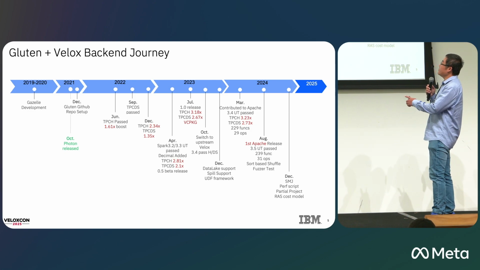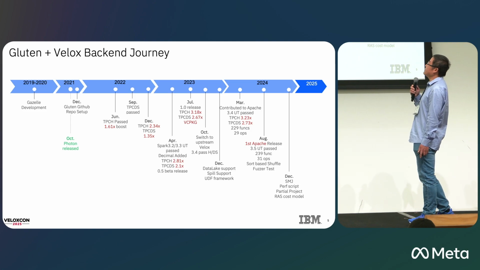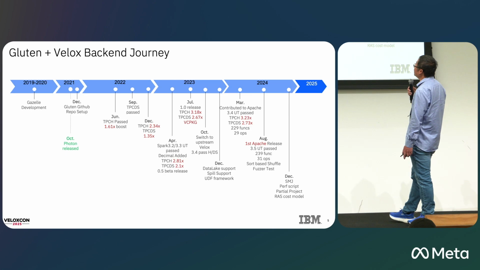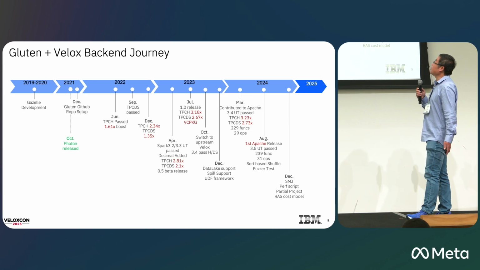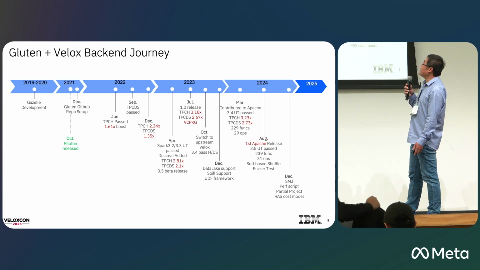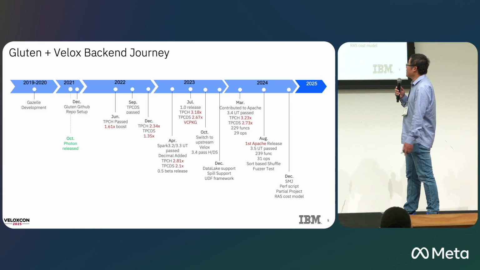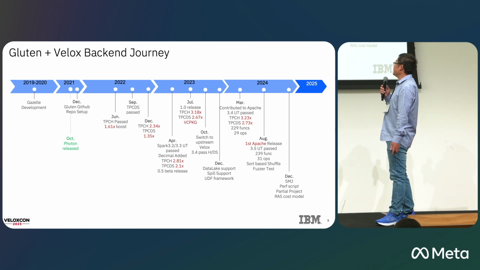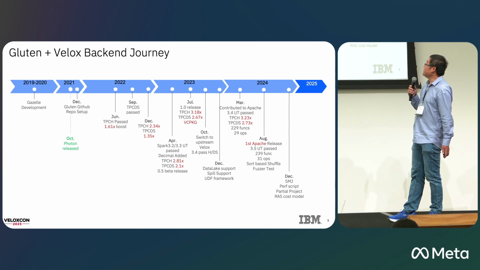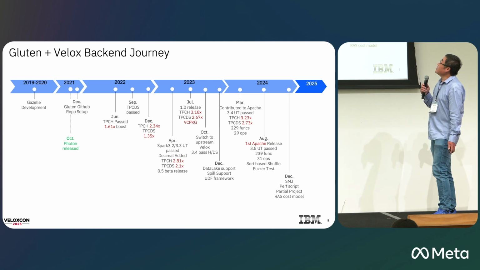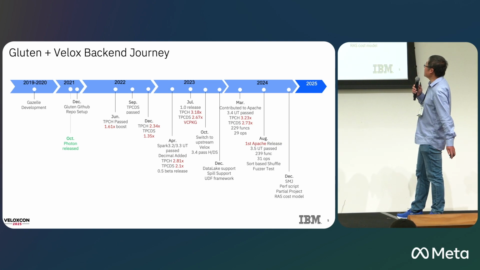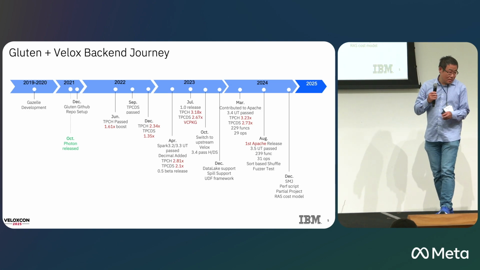Then we focused on the performance improvement of TPC-H and TPC-DS, from 2.3x and 1.3x up to three times and more than two times on TPC-DS. Meanwhile, we added some more urgent features, like basic Data Lake support, GPU support, and UDF framework support. And in 2024, last year, since last March, we have had several big features implemented here.